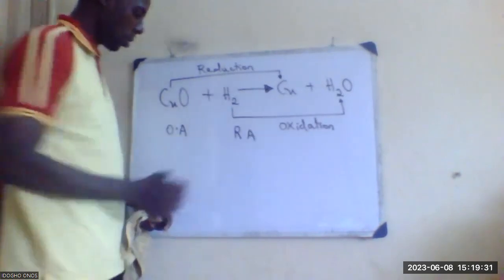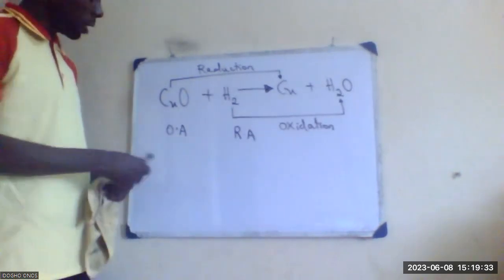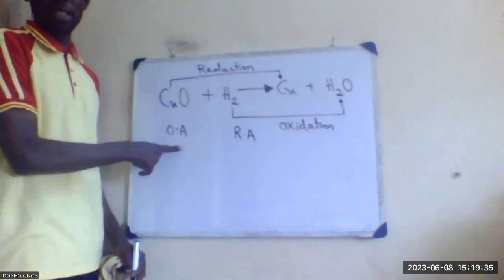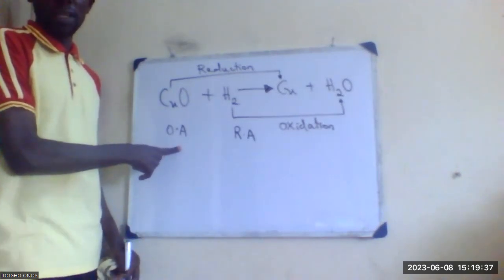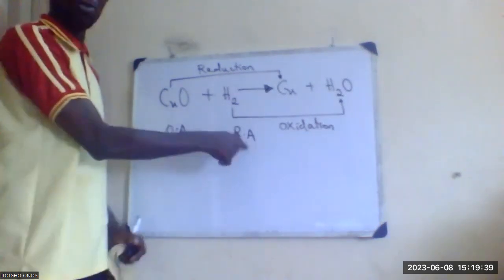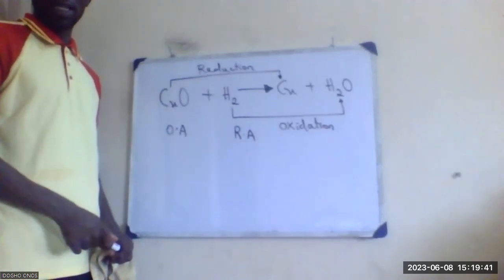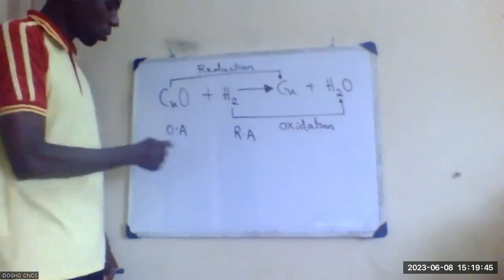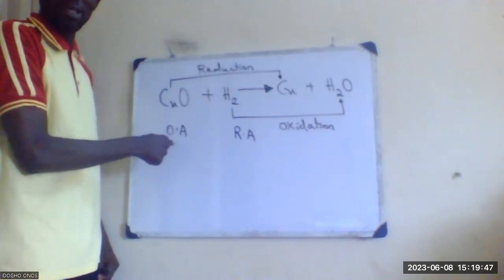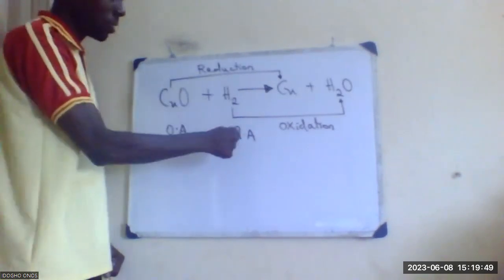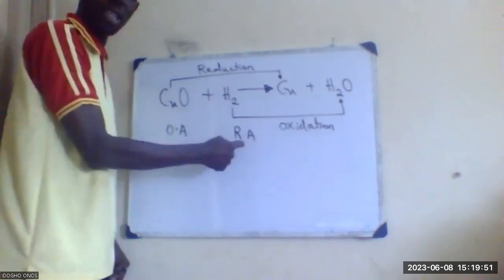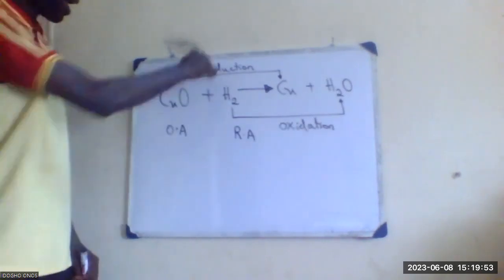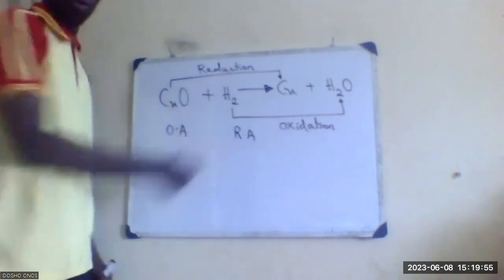The OA here means oxidizing agent, while this means reducing agent. The one that undergoes reduction is the oxidizing agent, while this one that undergoes oxidation is the reducing agent. RO, R and O.